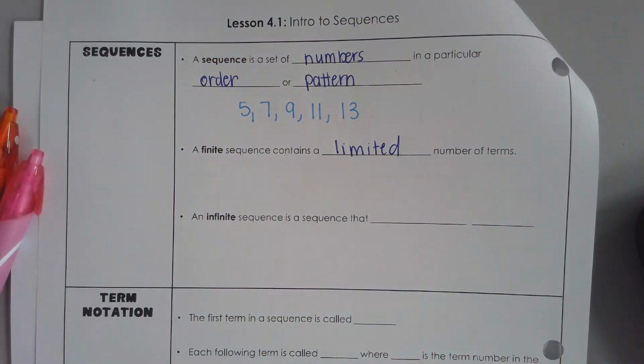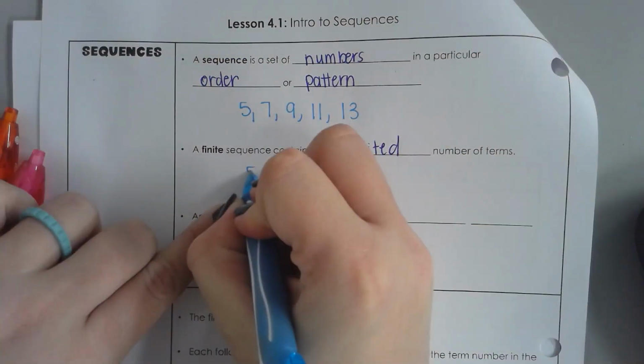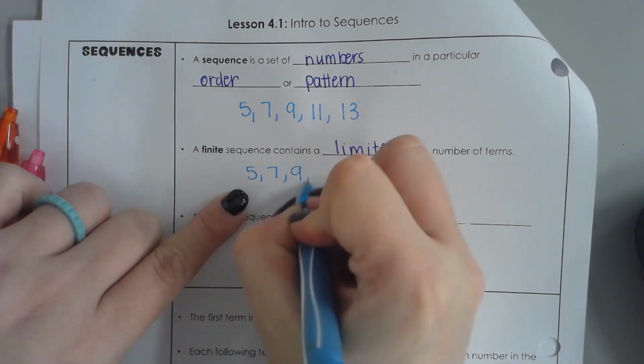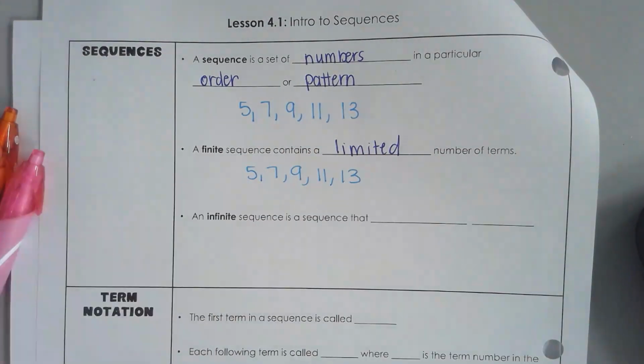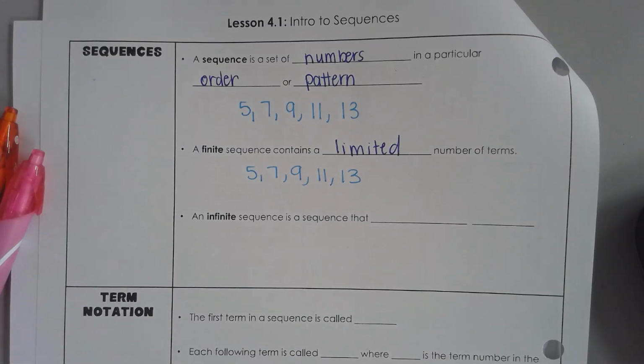Like I have these 5 terms and that's all. I just have my list of numbers, there's 5 numbers in it, and every number we call a term. So when I say it has 5 terms, it has 5 numbers in the pattern.